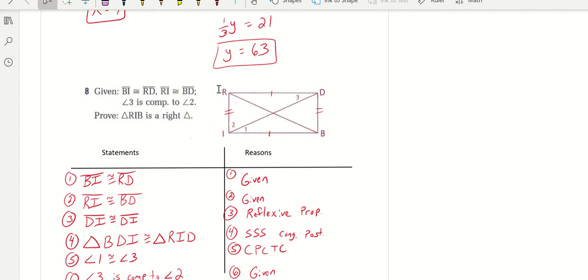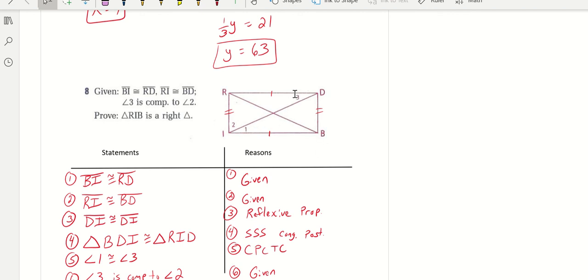Back to R, if I travel down the 2 tick mark side, I end up at I. So if I put D second, I have to put I second. And then how do I go from B to I? I travel down the 1 tick mark side. Same thing in the other triangle: from R down the 1 tick mark side, I end up at D. So I corresponds to D. Make sure you did that properly.